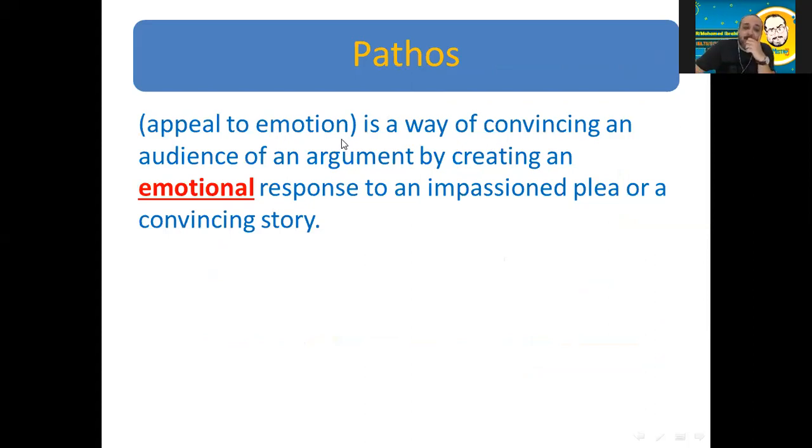Appeal to emotion. It's a good way of convincing an audience of an argument, creating an emotional response to an impassioned plea or a convincing story. We call it, in literature, emotional appeal, using emotion, trying to press the emotions of the reader.